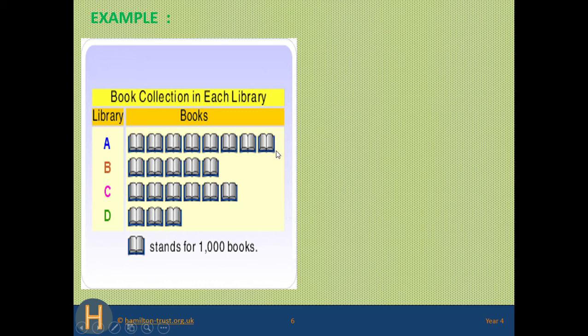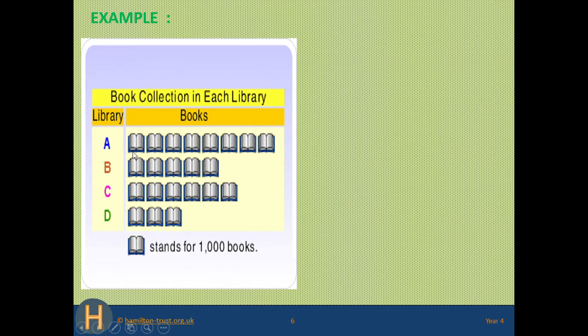It's mean berapa anak-anak? Karena di sini ada 8 picture-nya, ada gambarnya 8, and one picture stand for. Stand for ini sama dengan represented atau sama dengan skalanya, ya. Jadi ini menunjukkan 1000 buku.